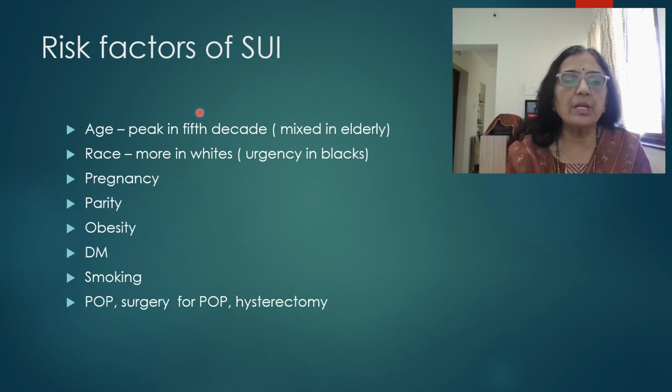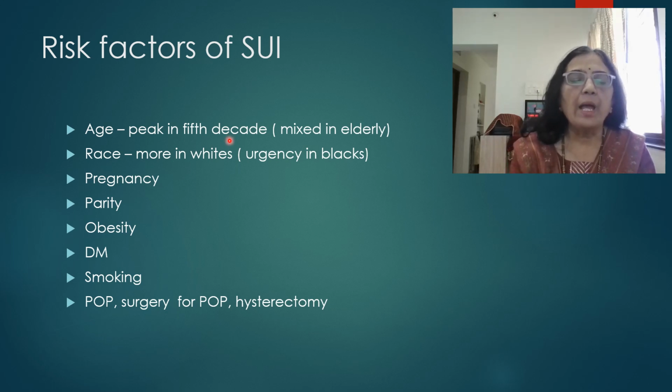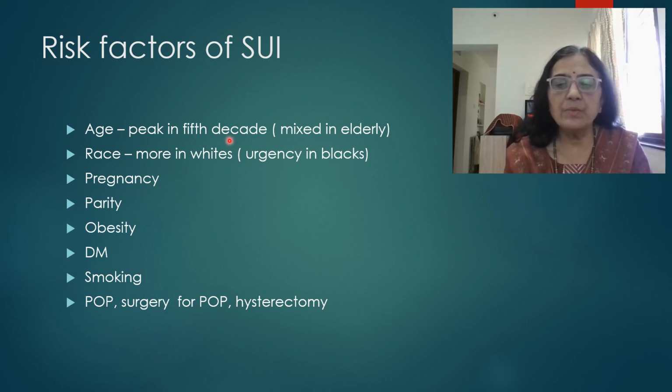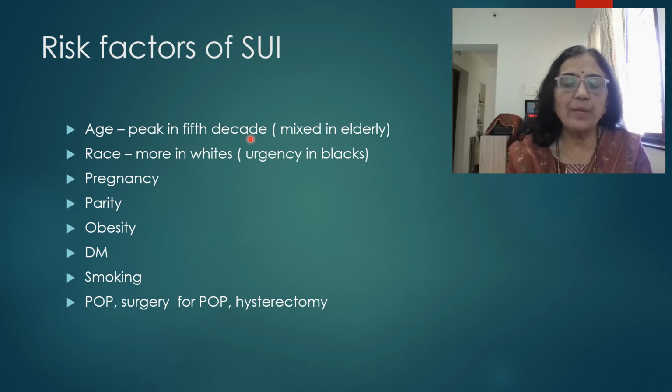If you see 100 cases, the majority will be in the 5th decade whenever they present for the first time with SUI. As a woman becomes old, after 50, in her 60s or 70s, it is less likely that SUI will present for the first time.